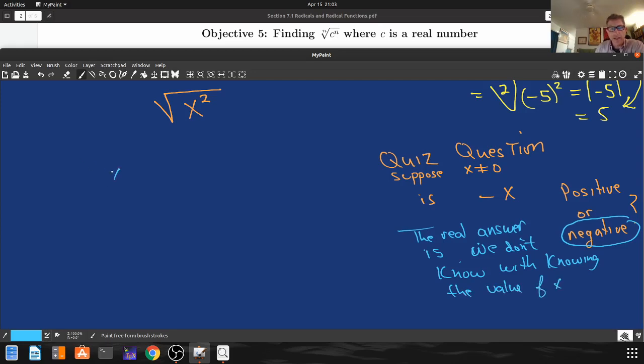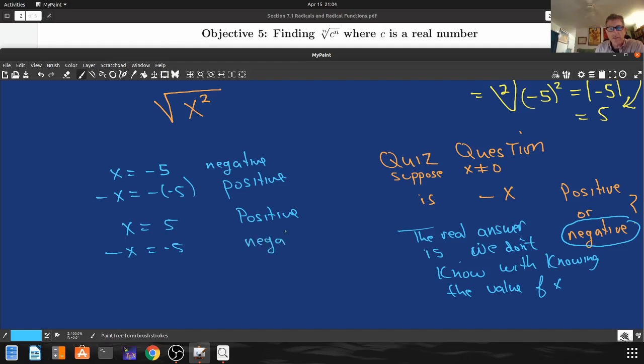So let's let x equal minus 5. Then minus x, so x is negative, minus 5 is negative. Then minus x is minus 5, which is positive. On the other hand, if x is equal to 5, then x is positive, and minus x is equal to minus 5, which is negative.